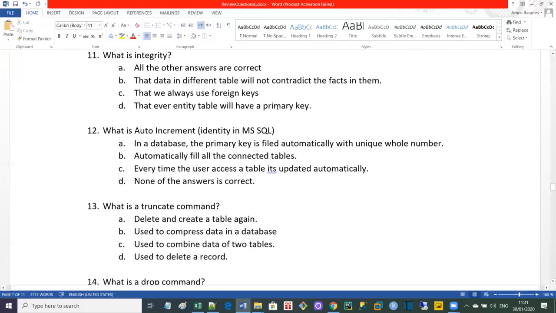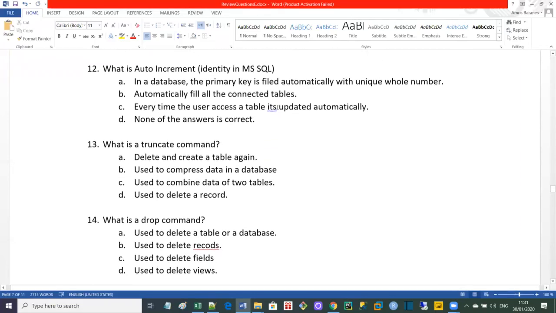What is auto increment? Auto increment we also used, and if you remember, when we created a dimension table, we used the word identity and parentheses 1, comma 1 in the primary key of the dimension table. What that does is it automatically makes sure that the column will be filled automatically with 1, 2, 3, 4, and that every row will get a separate number in that column.